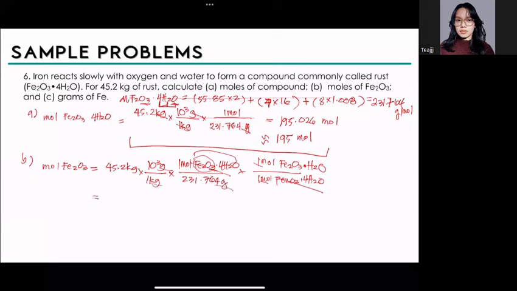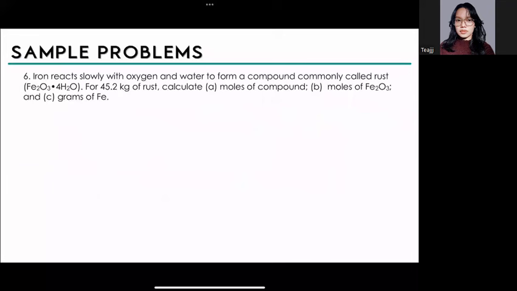It's still going to be 195 moles. However, this time it's not Fe2O3 4H2O, but just Fe2O3. Okay? Now let's proceed to letter C.